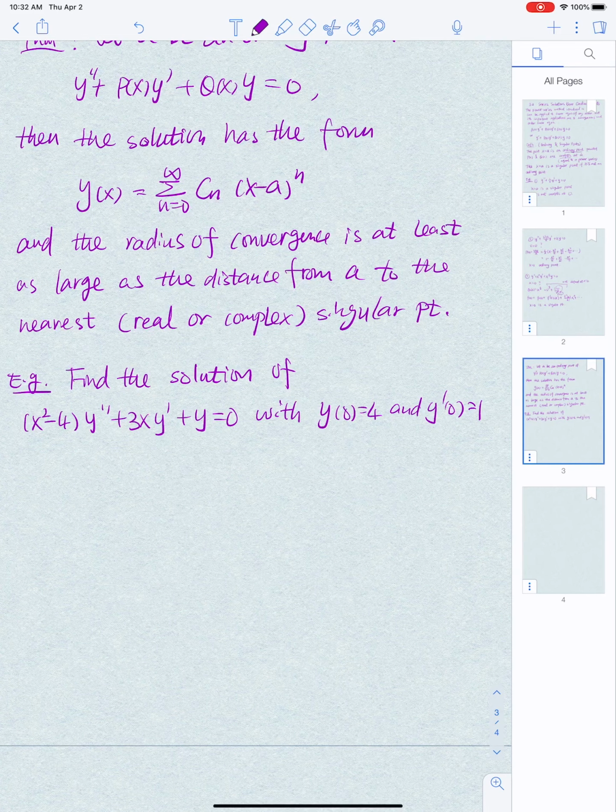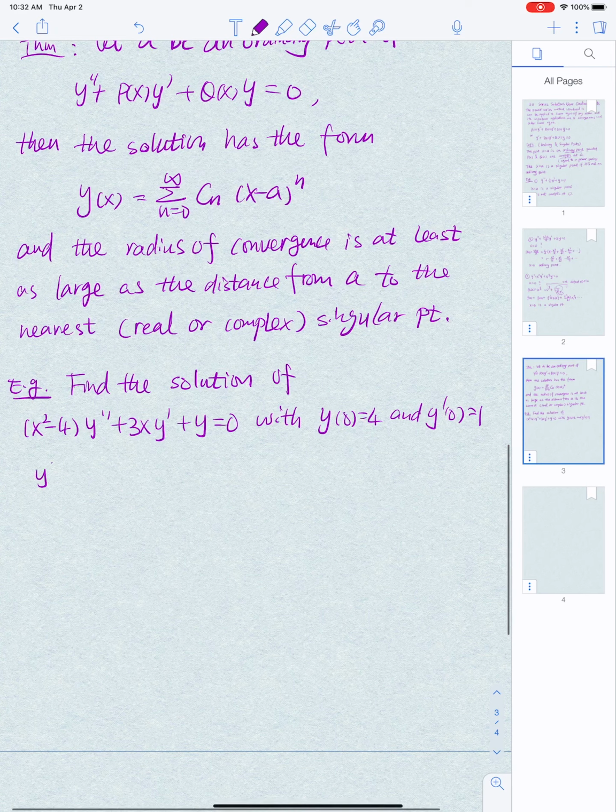To do that, we can divide both sides by x squared minus 4. And notice when x equals plus or minus 2, q(x) is not analytic.